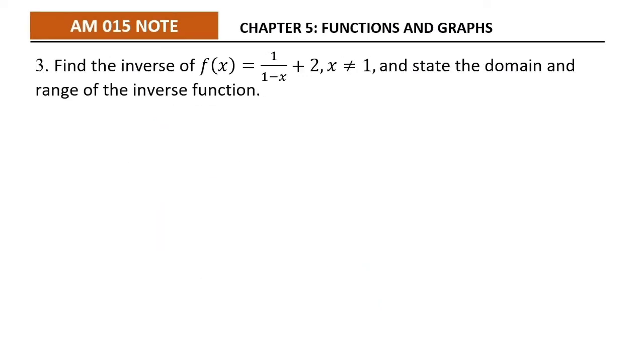Next example, find the inverse of f(x) and state the domain and range of the inverse function. f of f inverse equals x, so 1 over (1 minus f inverse) plus 2 equals x.